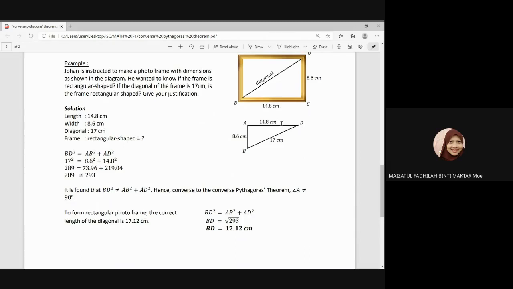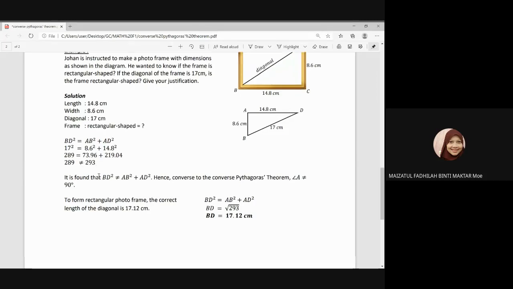Why? Because of the length and the width. Okay, then this one we do not need to add, because on the other side there is only one value, but on the other side here there are two values, so you must add. But when you solve this one, we can see that 289 does not have the same value as, or is not equal to, 293.